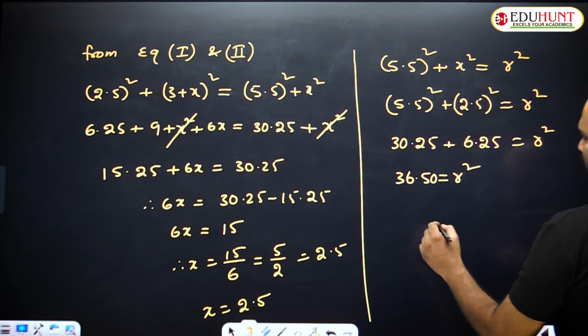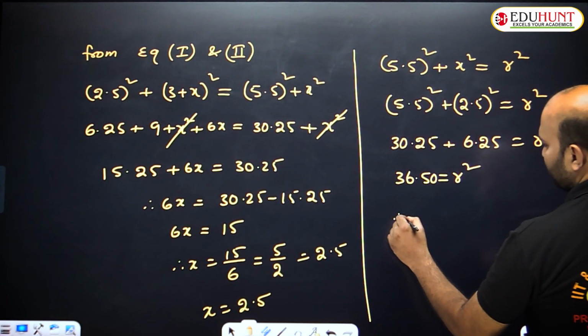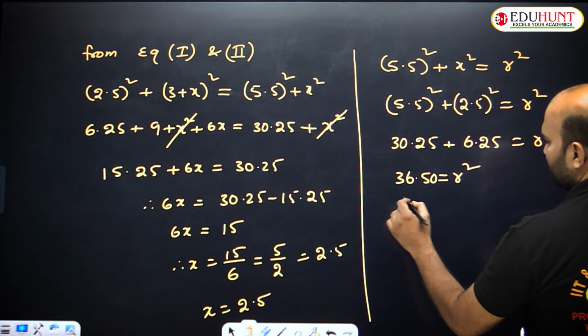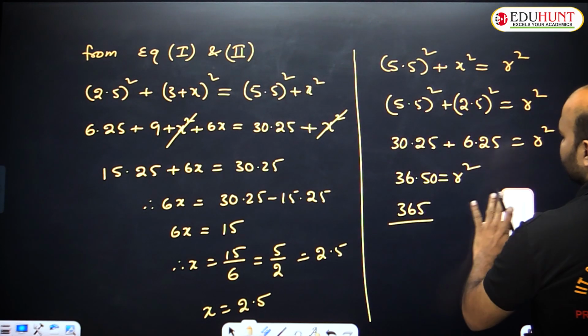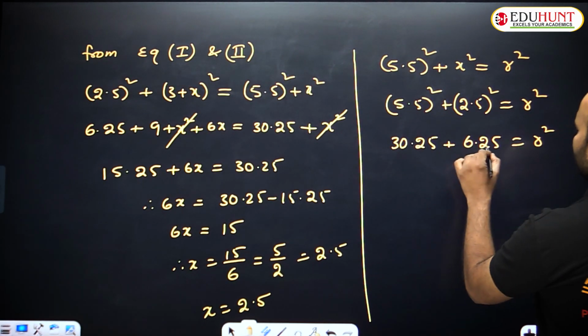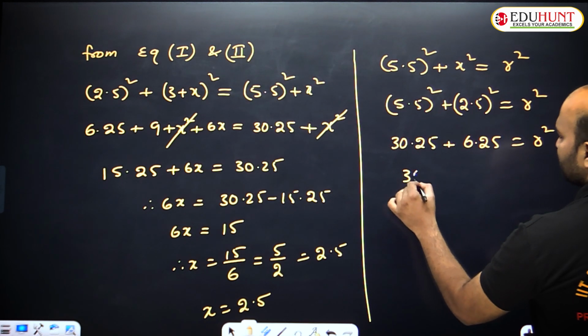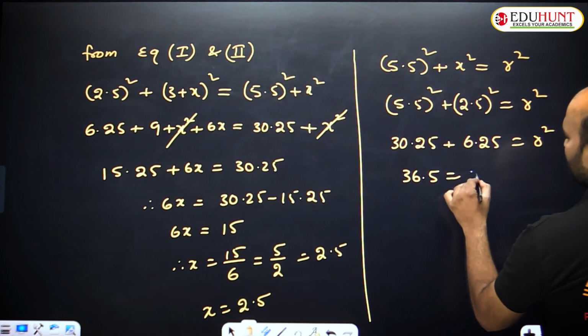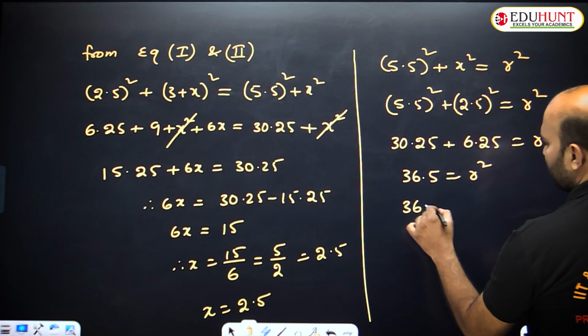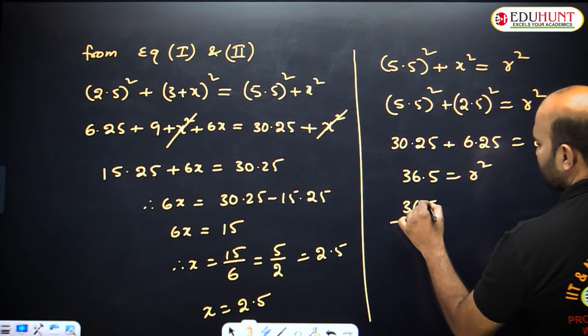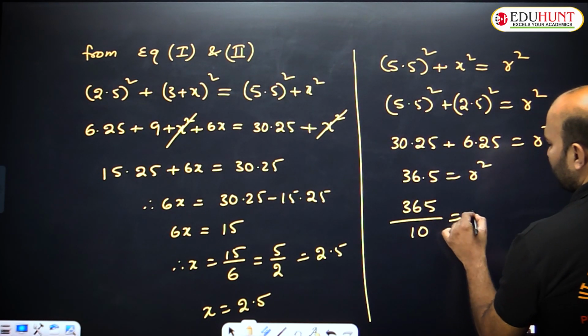Am I clear? So 36.5 can be written as 365 by 10 equals r square.